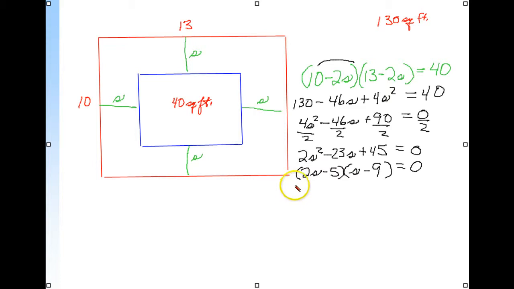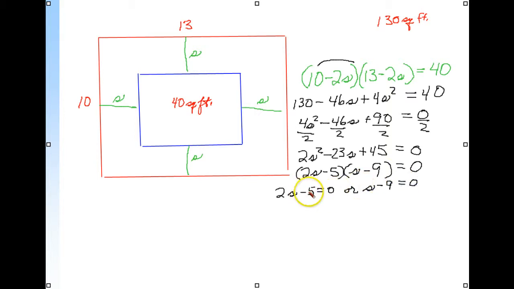So now I have two factors that equal 0. So I'm going to use the principle of 0 factors. And it's 2S minus 5 equals 0, or S minus 9 equals 0.